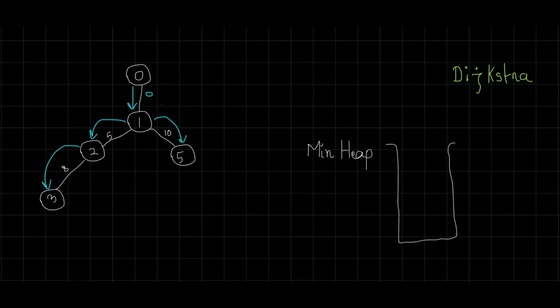Now the question is, how can we solve this problem? First of all, this is a pure graph problem, as you see with the example. Which graph algorithm should we use to solve this problem? Here, we will use the Dijkstra algorithm. Why are we using Dijkstra?